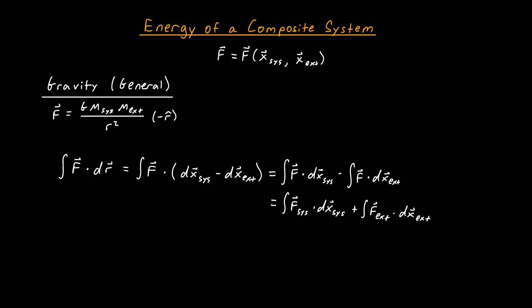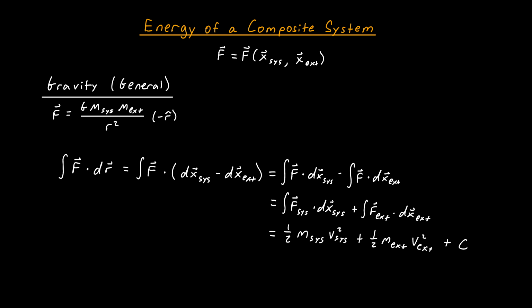And by the same arguments that we did in our initial derivation, we can conclude that this first integral just gives us 1/2 m system v system squared plus a constant, and the second integral gives us 1/2 m external v external squared plus a constant. So I'll combine those constants into one big constant over here.